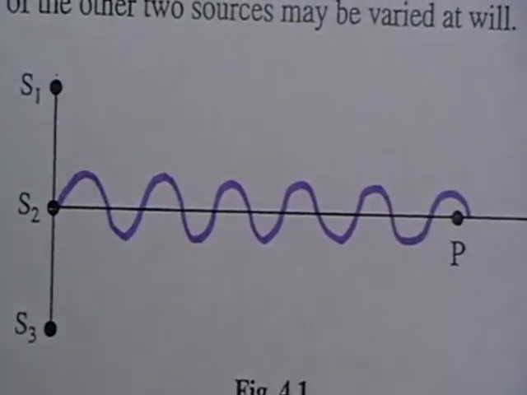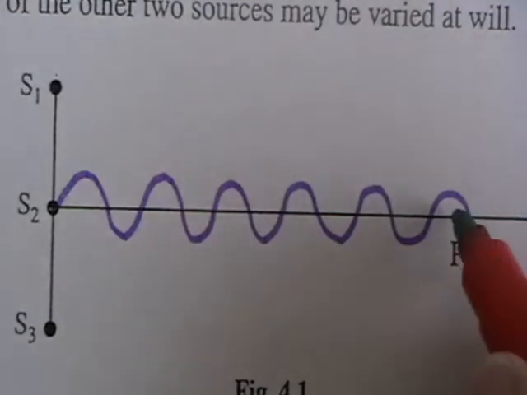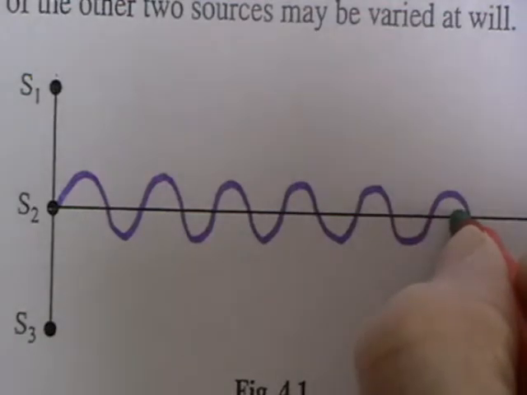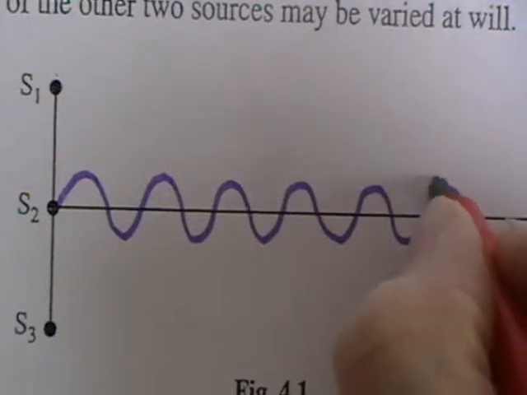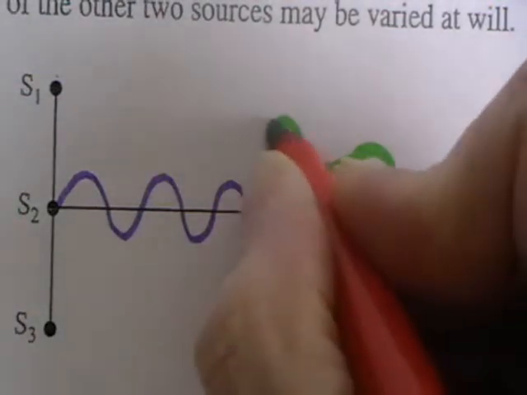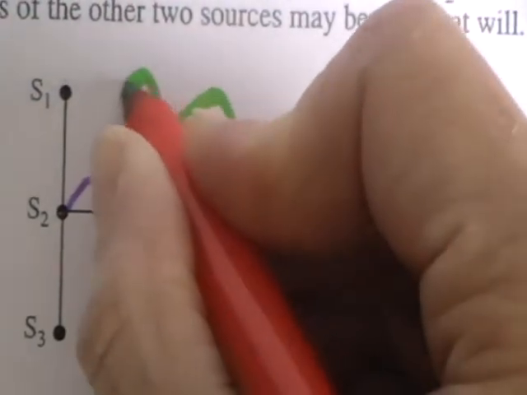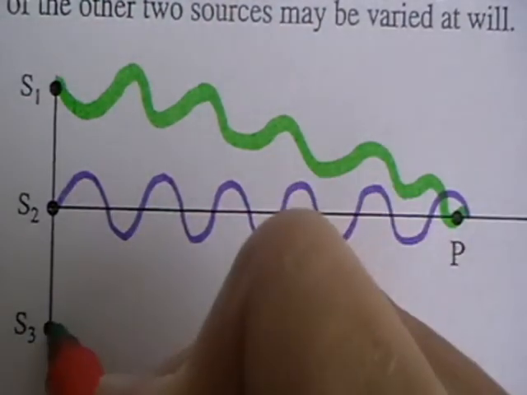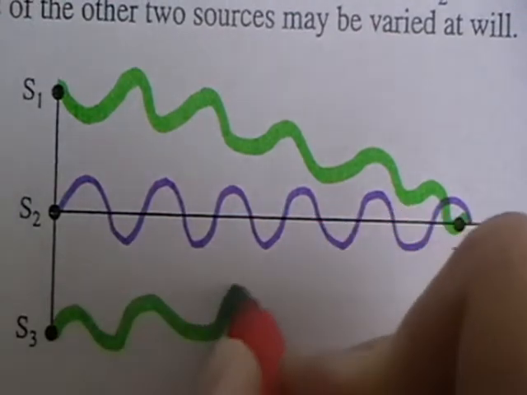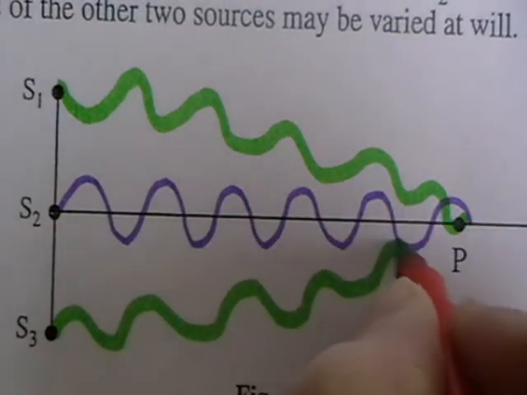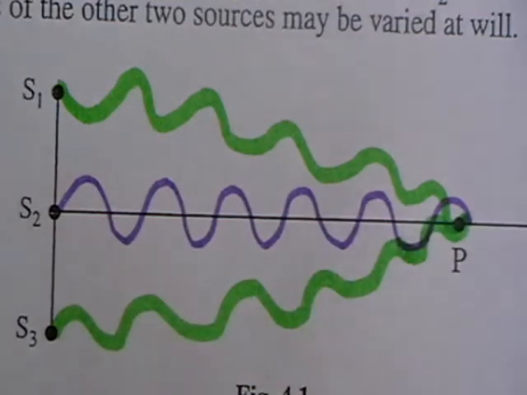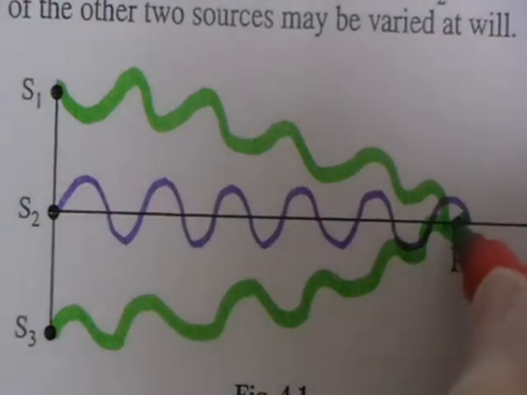And what I want for complete destructive interference to occur over here, there must be a trough arriving from this direction, so I'm going to have a trough here. And then over here, I want another trough arriving, like that. Now, those two troughs should add up to give you a total displacement which is equal to this displacement, and they should cancel each other out.